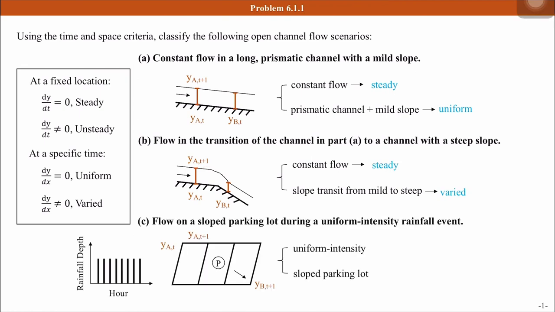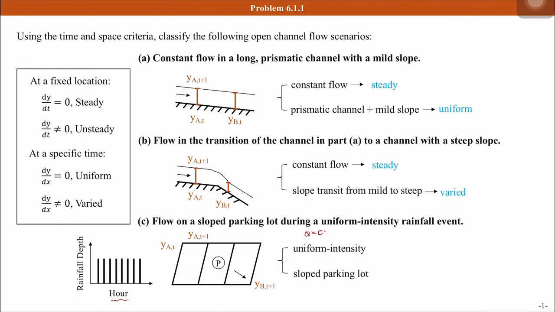Scenario C, flow on a sloped parking lot during a uniform intensity rainfall event. The uniform intensity means that the intensity doesn't change with time, and the rainfall intensity is distributed evenly in this parking lot. Based on the rational method, the peak flow rate is Q equals CIA.